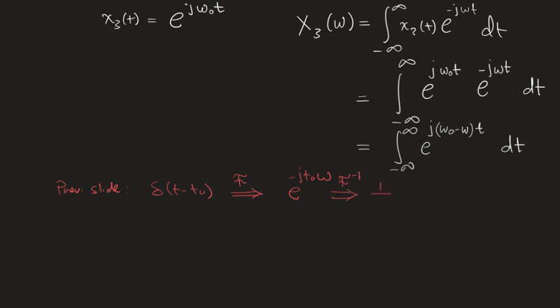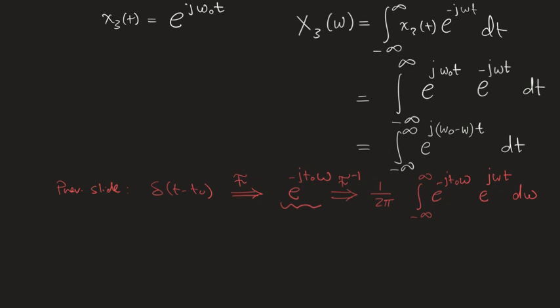It's 1 over 2 pi, the integration from minus infinity to infinity of this function, e to the minus j t naught omega, multiplied by e to the j omega t, and we integrate with respect to omega. Now, look at what will happen here.